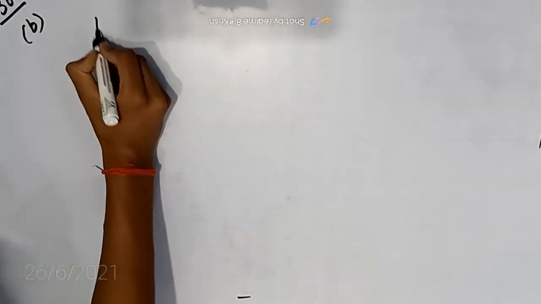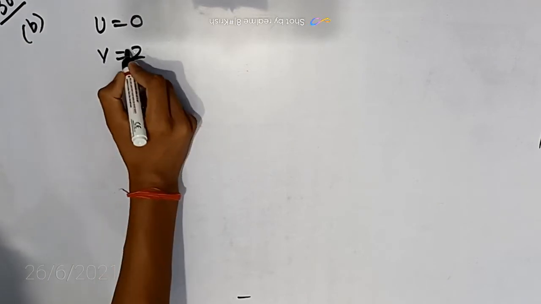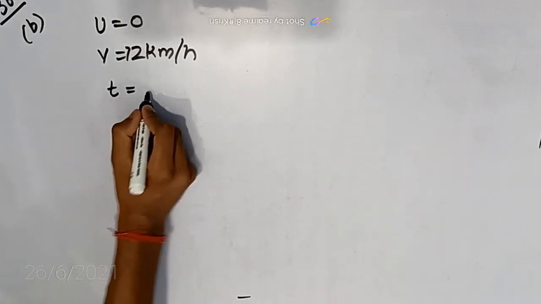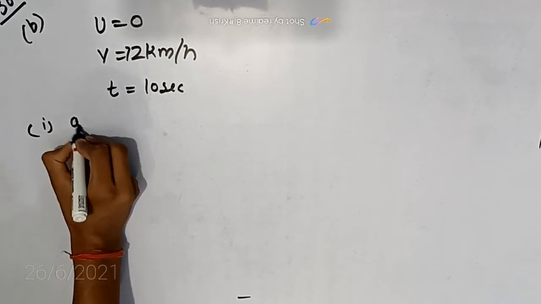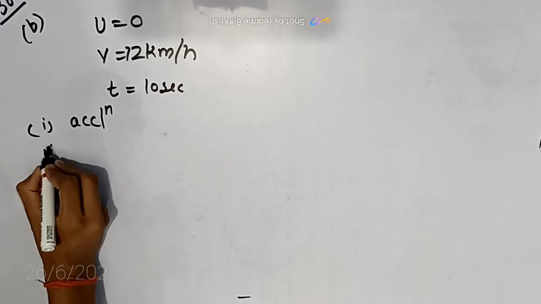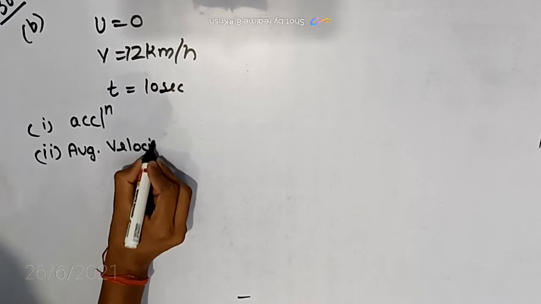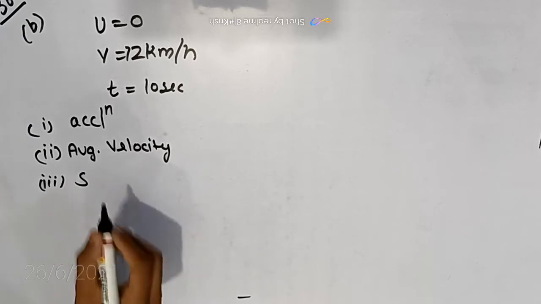Starting from rest means u is 0, and it acquires a velocity of 72 km per hour, means v is 72 km per hour, and the time is 10 seconds. In the first part we have to find the acceleration, in the second part the average velocity, and in the third part the distance traveled, that is s.